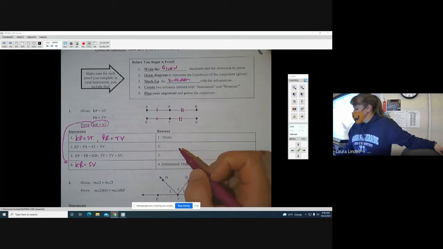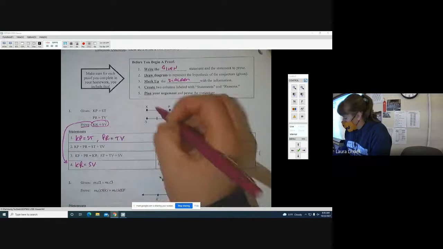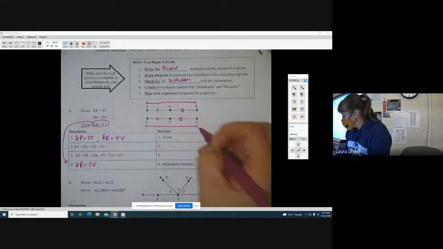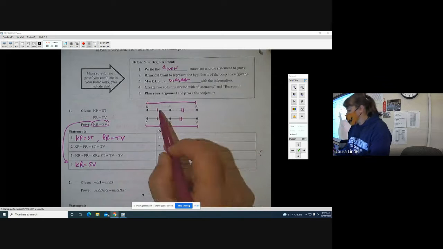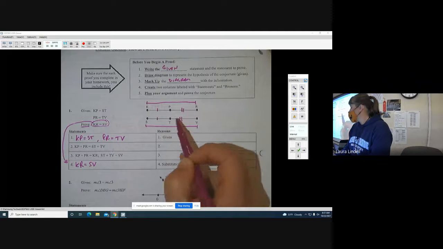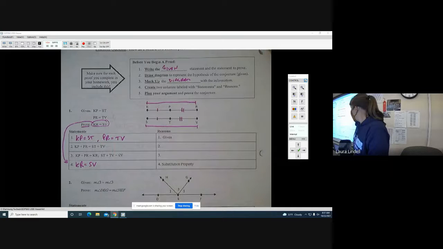All right. And then we're trying to show that KR, this whole thing, is equal to SV, this whole thing. So hopefully that kind of makes sense because we have one that's the same length as the other down here and another one that's the same length. So together they should still add up to be the same thing, right? Hopefully. Okay.